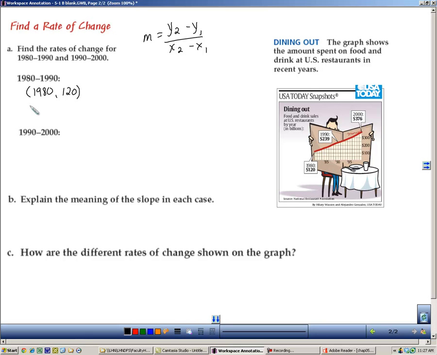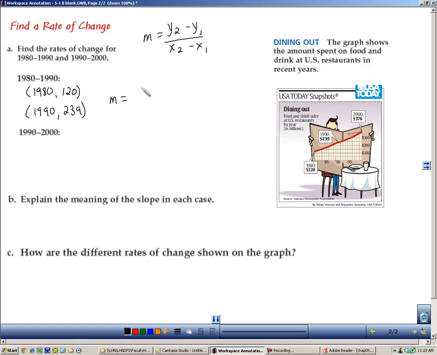And then I'm going to create a second ordered pair of 1990 and 239. Now, time, which is the years, that's my independent value, and the people served in the restaurant is the dependent value. That's why I made that my y value. So now I'm just going to plug it into my formula.